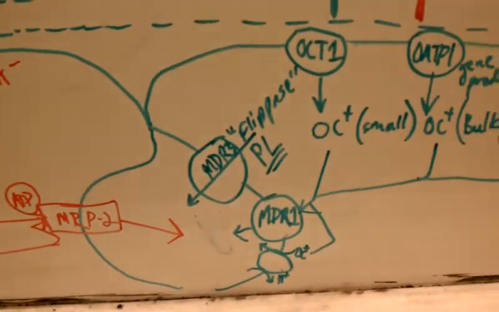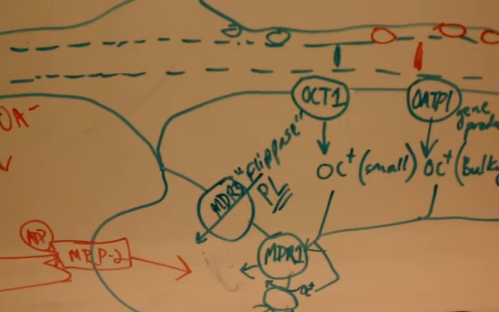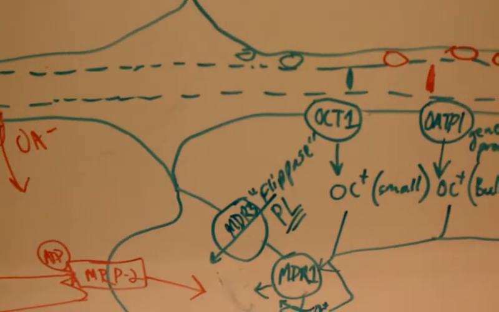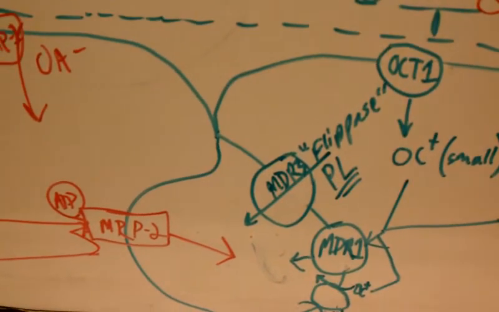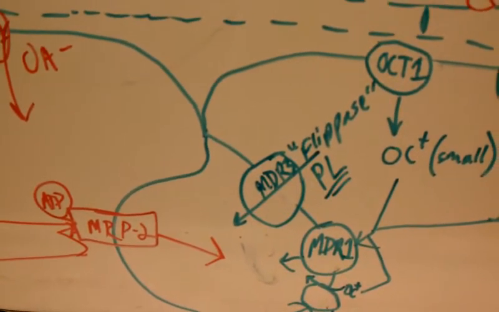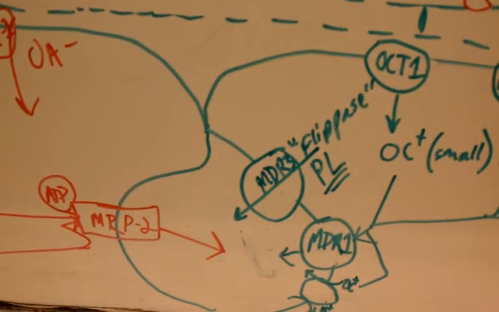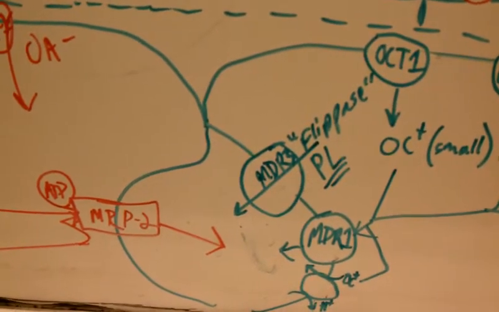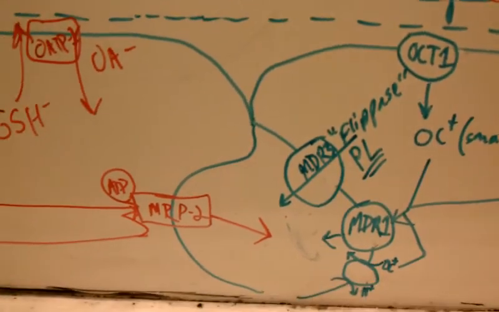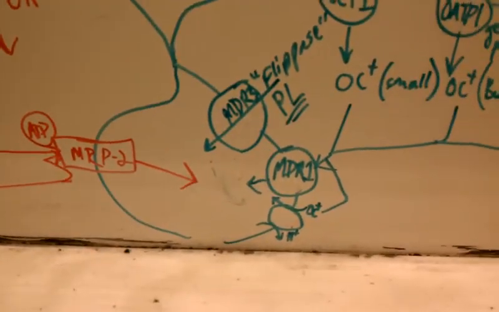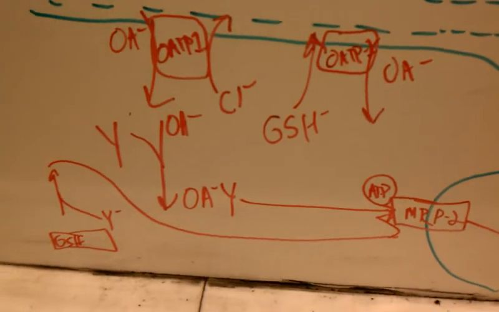Cations are significantly, what's the word I'm looking for? Unique. All right. Or you could have this phospholipid flippase, this multidrug resistance protein 3. It's a phospholipid flippase, and that's how you recycle your phospholipids. Okay. Or you could go your anion way.